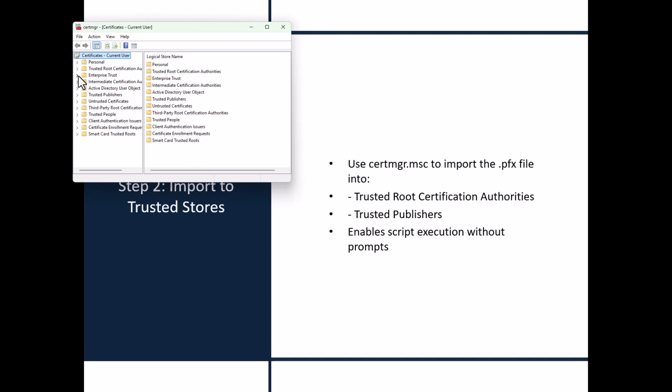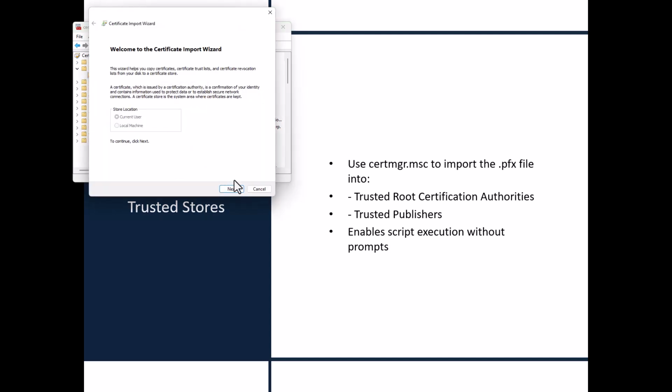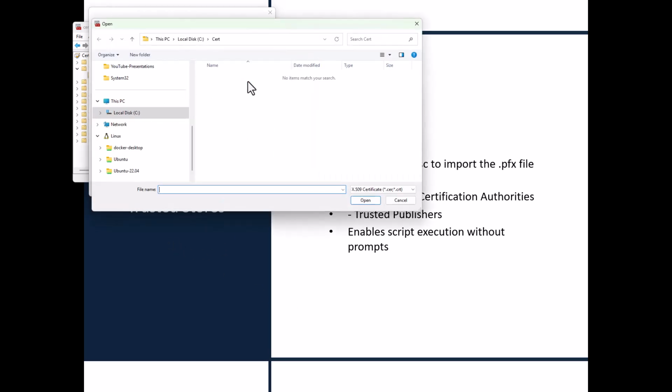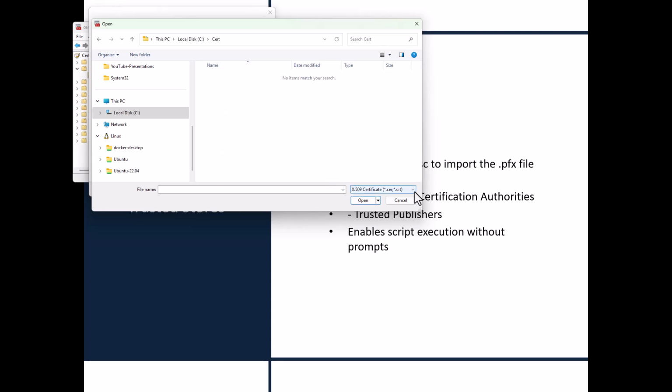So, certificates, then all tasks, import. Click on next. Now I will browse for this file. It should be in the certificate drive, so it was over here. I'll click on all files. So the PowerShellScriptSigner certificate, that is the PFX file, personal information exchange file.